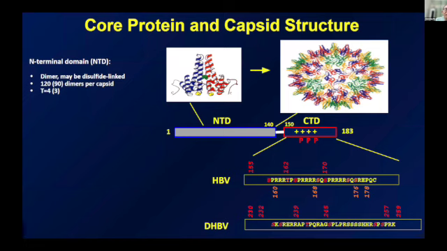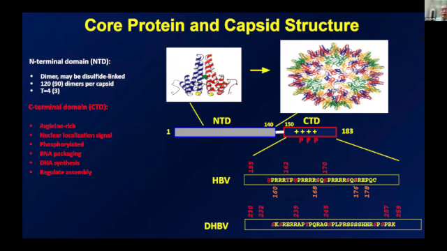The CTD, which is missing from this crystal structure, has the phosphorylation sites depicted with those numberings. Unfortunately, it got shifted. There are multiple phosphorylation sites, those highly conserved serine and threonine residues, in both HBV and DHBV.